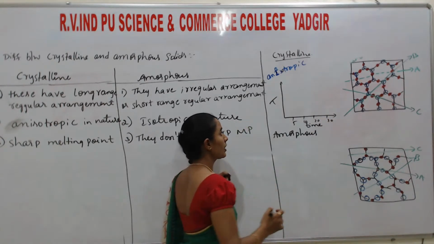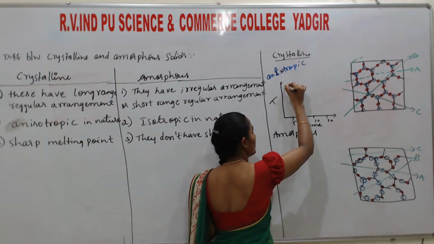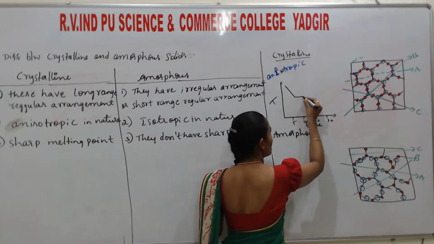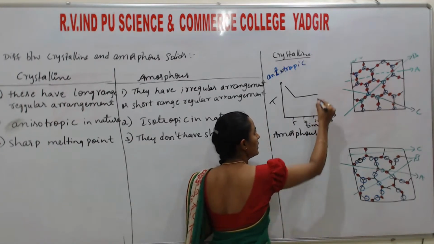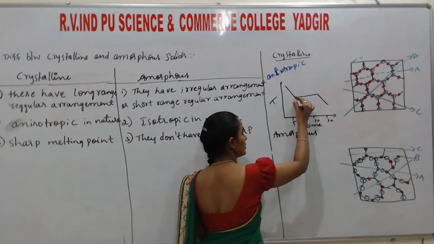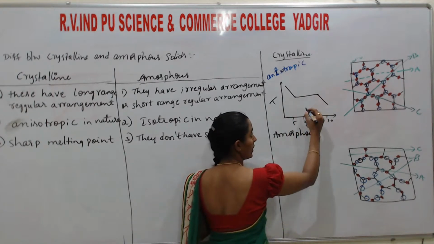Then what happens? First the temperature of the liquid decreases, then remains constant for a certain time, and again decreases. So this is one break, this is one. Two breaks they have.